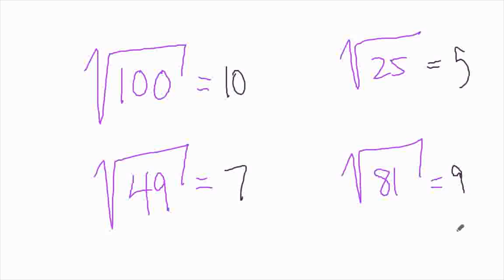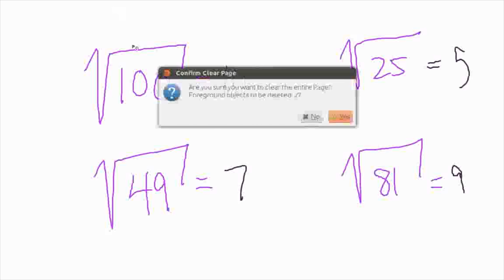Now, you can have different types of roots as well. These were like doing the exponent with a 2 backwards. There's no reason why you couldn't do a different exponent backwards. If I put a little 3 over here, that's called a cube. So 2 cubed is 8, right? 2 times 2 times 2, that's 8.